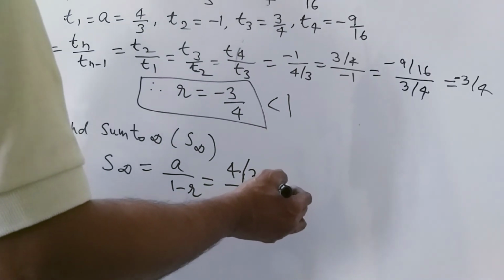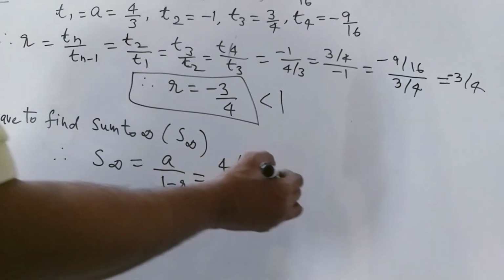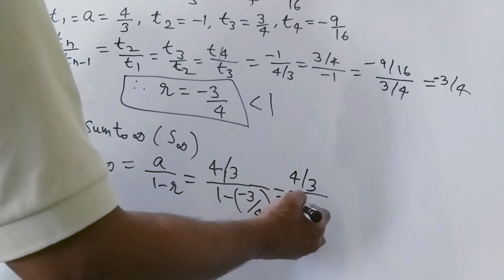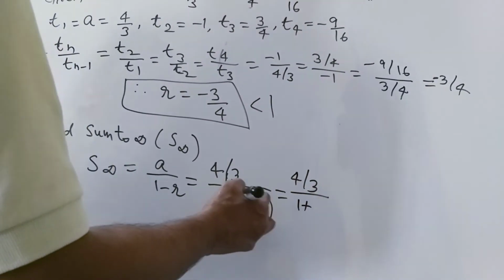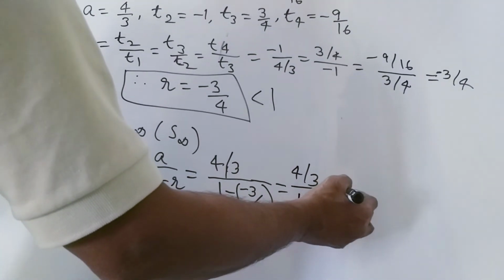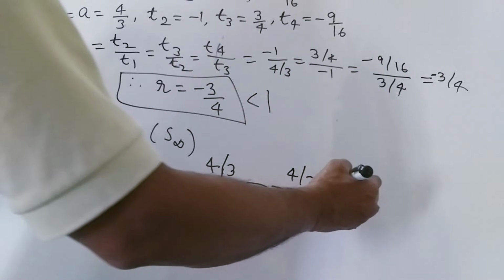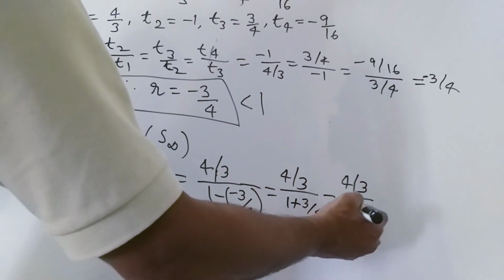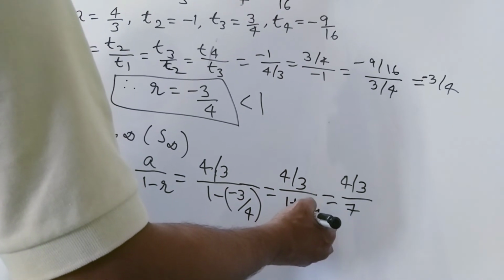This becomes 4 by 3 by 1 plus 3 by 4, minus into minus is plus, so 4 by 3 divided by 7 by 4.